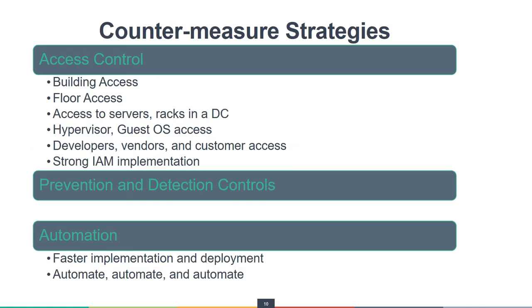Countermeasures strategy: we have access control, prevention and detection control, and then automation. It is important that you develop and employ a countermeasure strategy based on the defense in depth approach to combat risks. Your strategy should include logical, physical, and environmental protections, and layered controls.